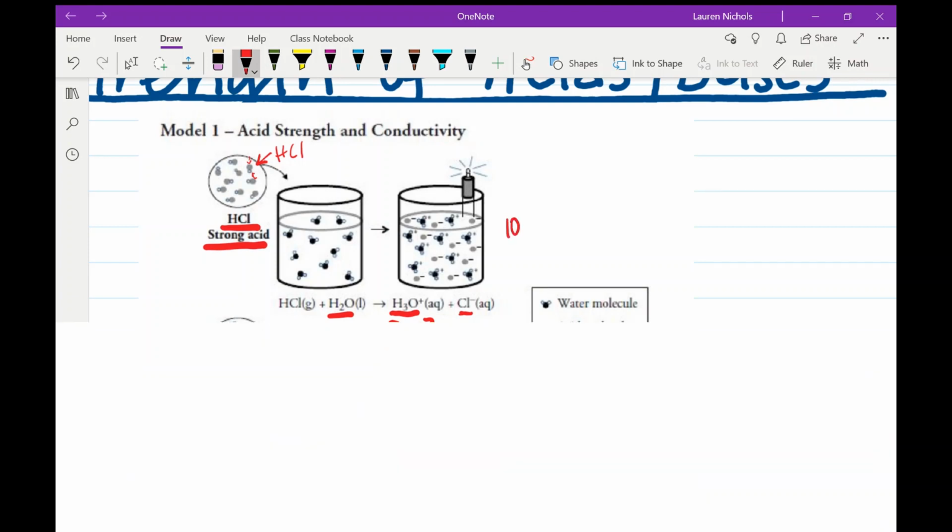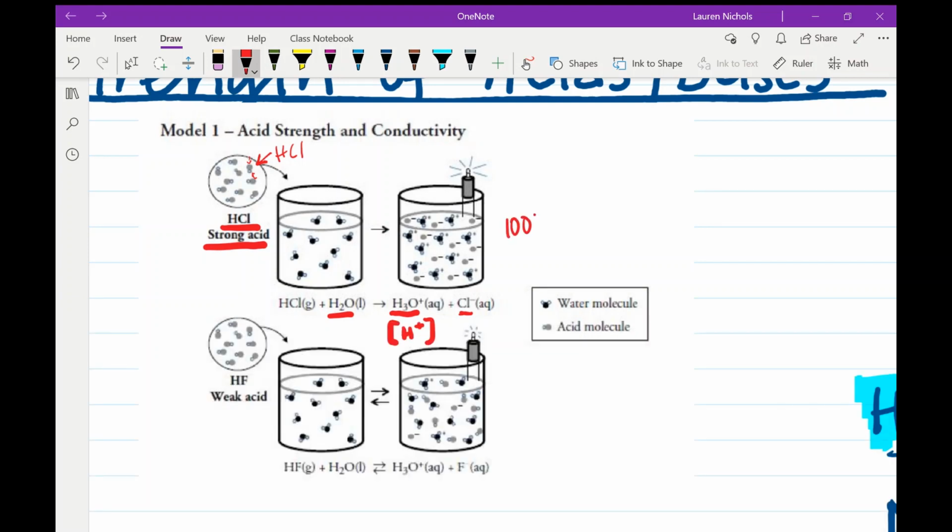This is 100% dissociation, every single hydrochloric acid molecule is breaking up. You can also see their image of a conductivity meter here, and the fact that these lines are pretty long means that the conductivity meter is bright, meaning the light bulb is lighting up, so it's a strong electrolyte.